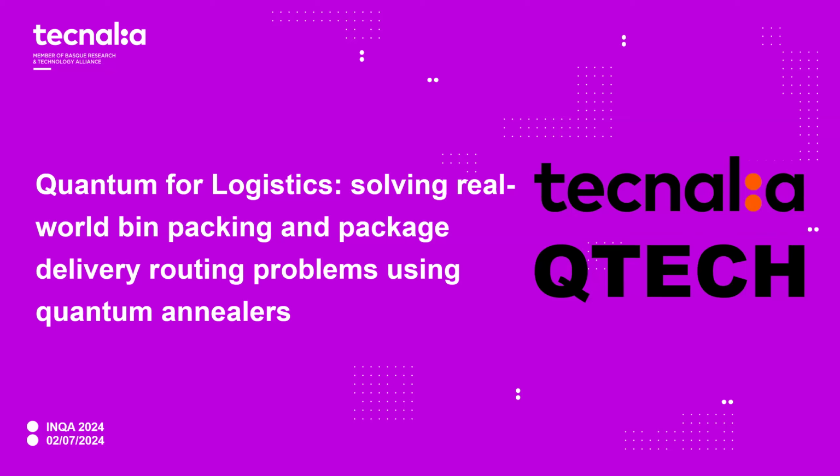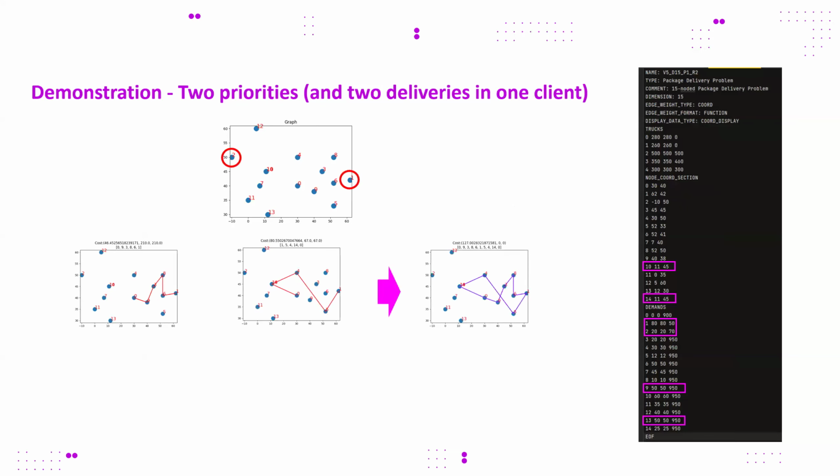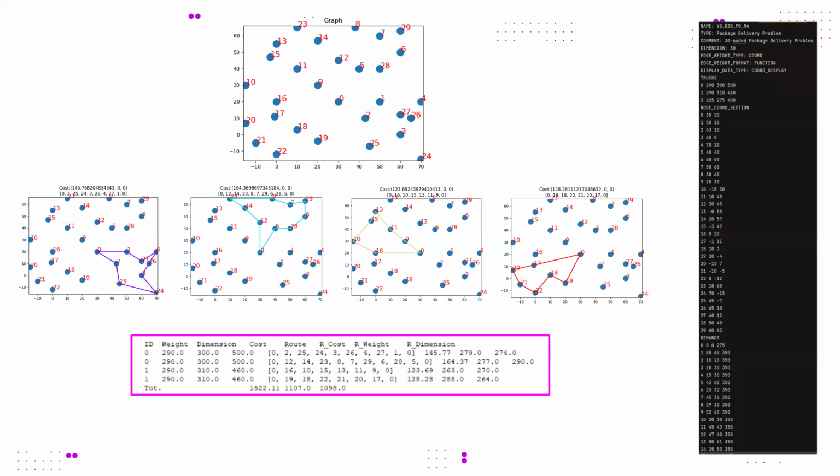From what I can see, Fixstars is a bit more consistent than D-Wave, but of course Fixstars is completely classical. It's what they call a digital annealer, and the solution quality, at least for the instances that I've tried, seems to be at least on par with D-Wave solutions, if not better, and slightly more consistent.